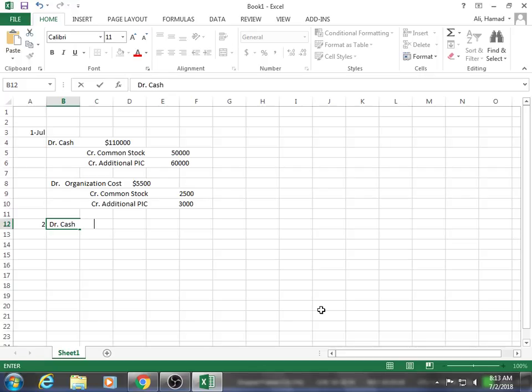Preferred stock, what was the par value, because it was issued at par? Par value is $100. So issued 1,000 at $100 is 100,000. So the cash is $100,000.